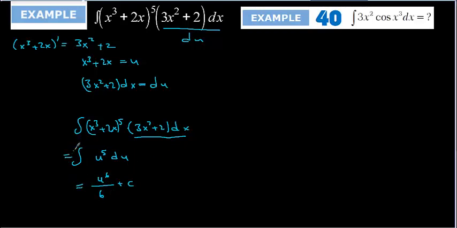Okay, then it's equal to, because we have decided that u is equal to x cubed plus 2x, (x cubed plus 2x) to the power of 6 over 6 plus c.